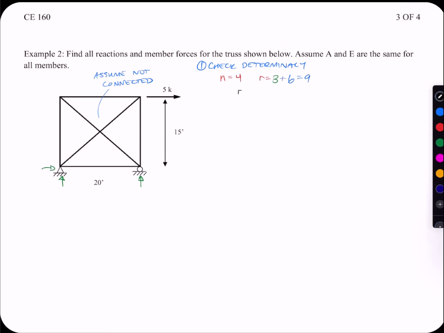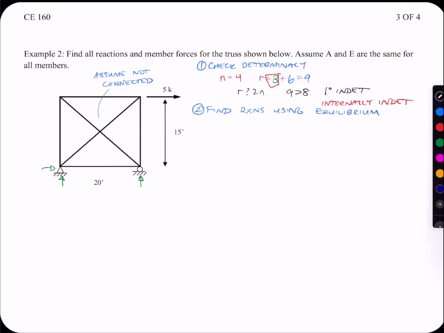So I've got R compared to 2n. 9 is greater than 8. Once again, I am 1 degree indeterminate, but because my reactions are equal to 3, this is internally indeterminate. Which means my second step, I can find the reactions using equilibrium.